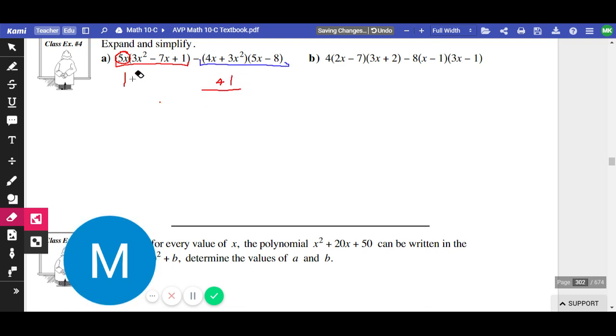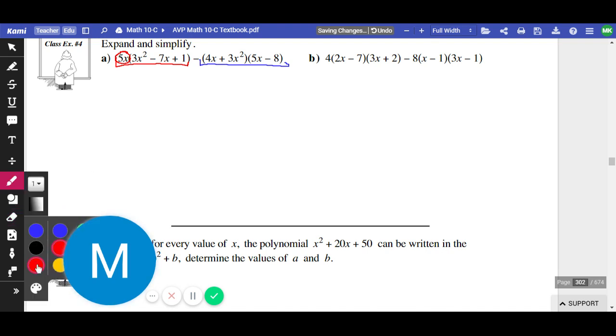We are going to do distribution, mainly because it saves me space. When I do my distribution, I distribute the 5x into the first thing to get 15x cubed. Sorry, I didn't notice I was multiplying by an x squared. So x times x squared, you add the exponents to become x cubed.